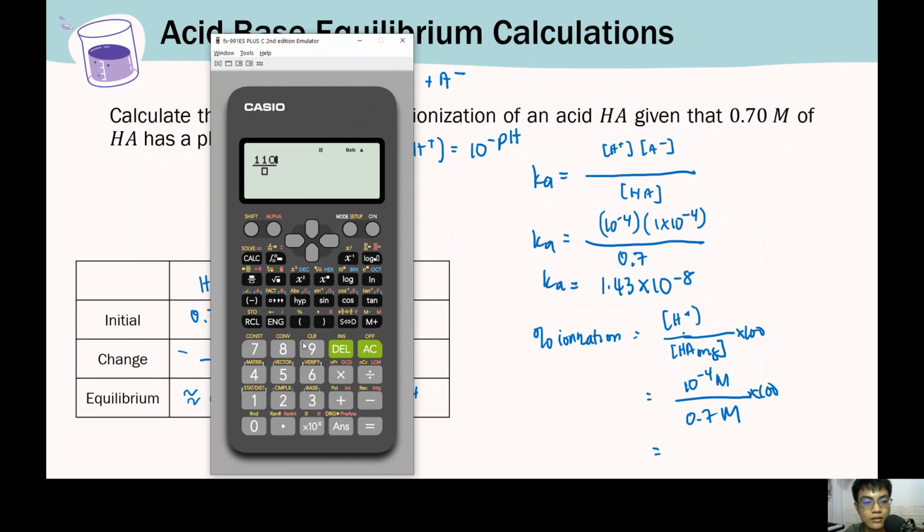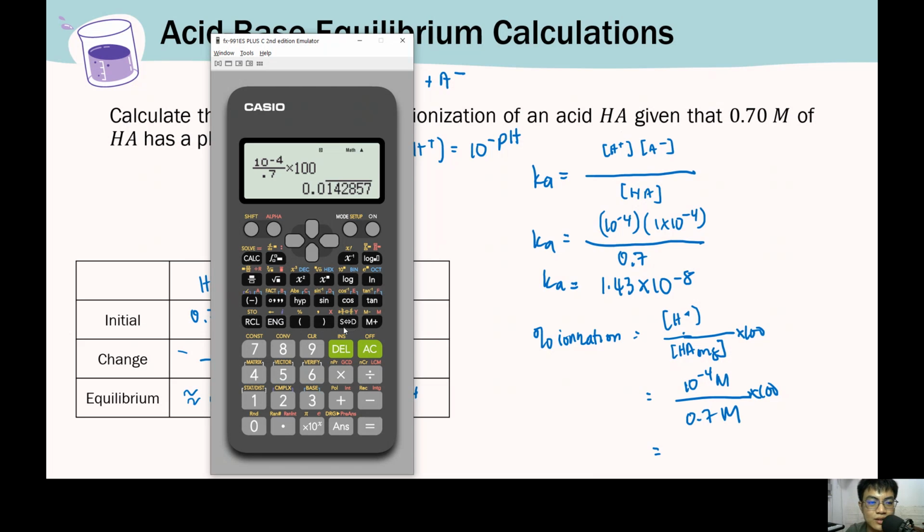Okay, it's 10 raised to negative 4 divided by 0.7 times 100.